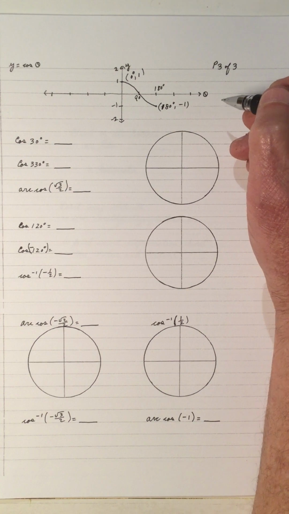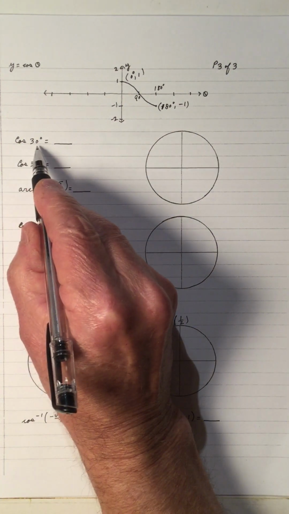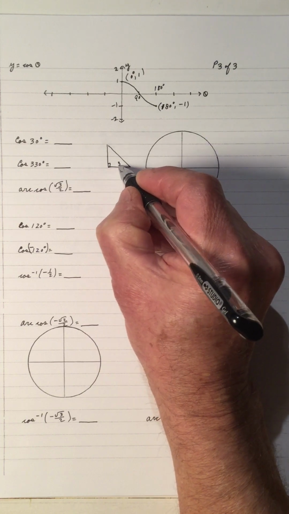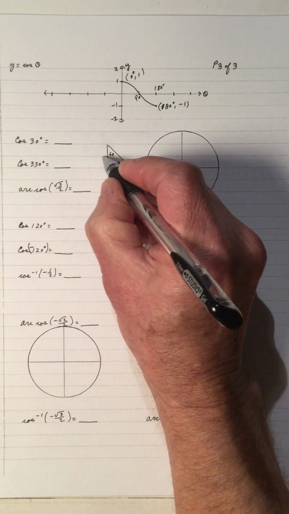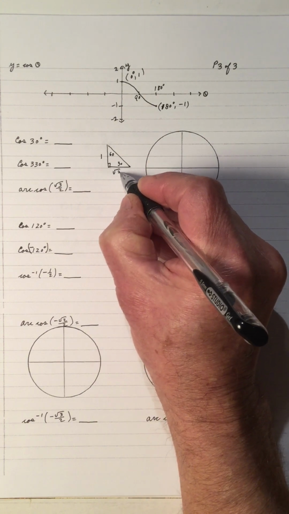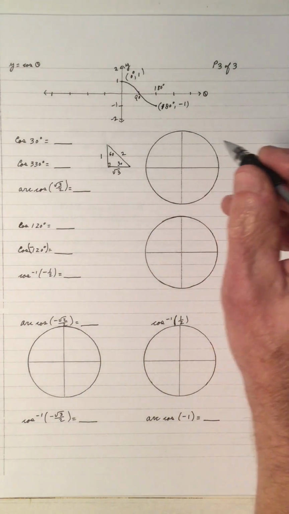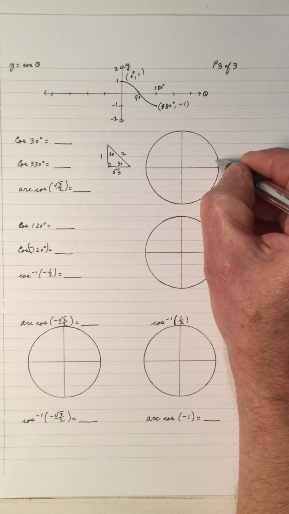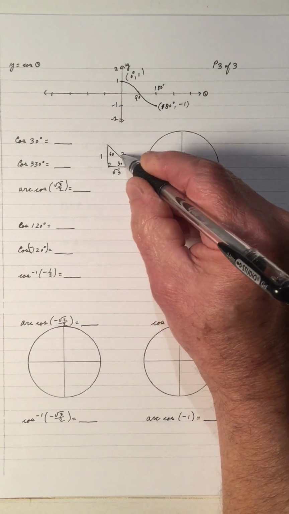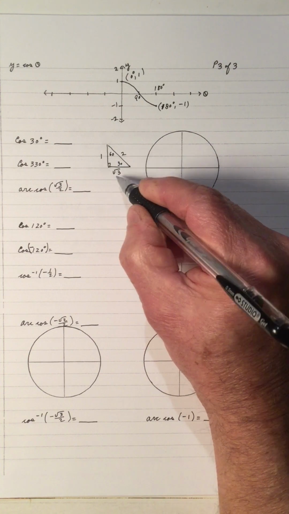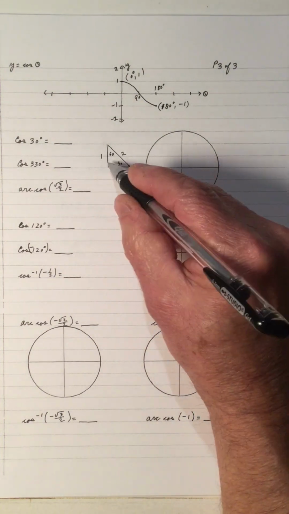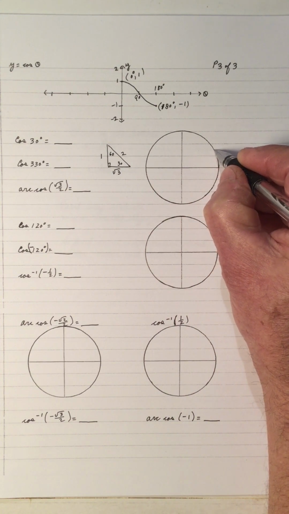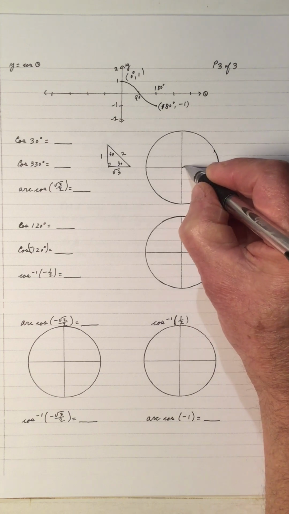So let's do some examples. 30 degrees is a 30, 60, 90 right triangle. If you take the 30, 60, 90 right triangle, opposite 30 is 1, opposite 60 is root 3, and the hypotenuse is 2. Even though I could use the unit circle, with 1/2, root 3 over 2 and a 1, I prefer to use this triangle because it is easier to use. So when I have a 30-degree rotation, I draw a terminal arm.